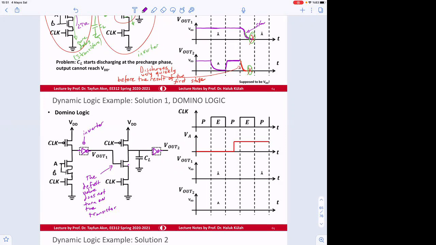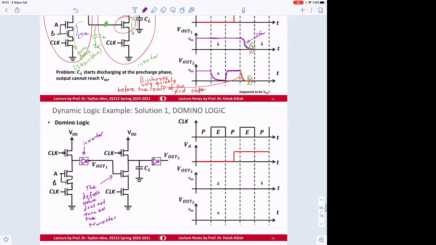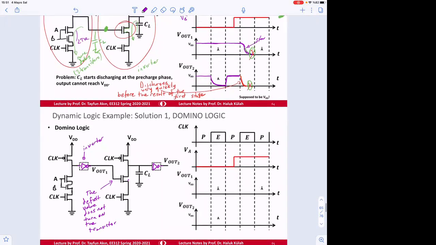So let's solve the circuit right now to see what happens. When VA is low, during the evaluation, let's draw this again. During the pre-charge, this is pre-charge.